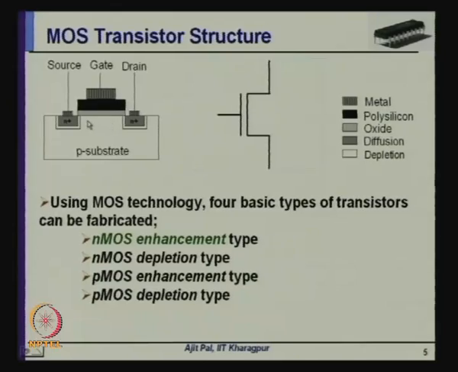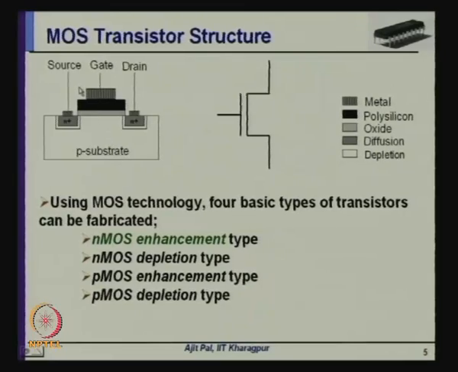So, in this particular case, originally there is no charge carrier, but you are applying a sufficiently high positive voltage to create charge of opposite polarity, in this case electrons, for the flow of current between source and drain. Now, is it the only way of creating the conducting path?